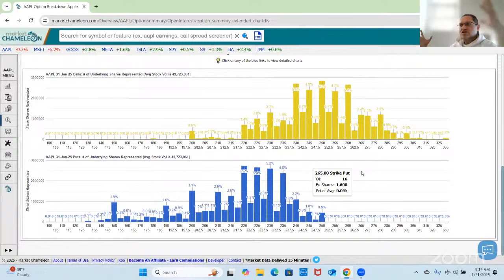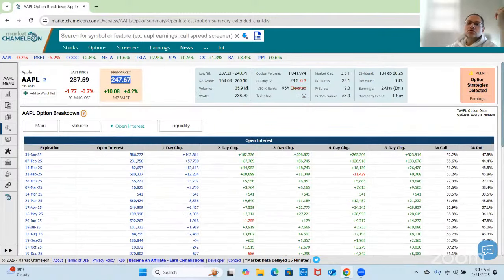If all these options get converted to stock, what percentage of that stock would translate to the average daily volume? How much stock are we talking about here? If it's a little bit, it might be insignificant relative to what the stock volume trades on average, which is 36 million.